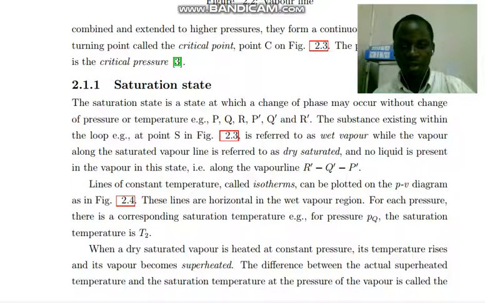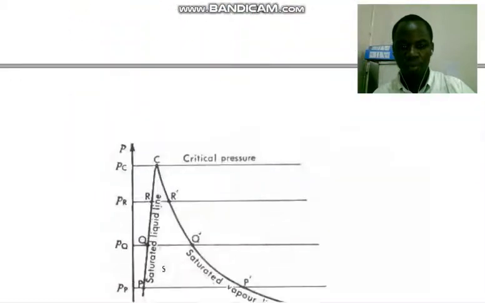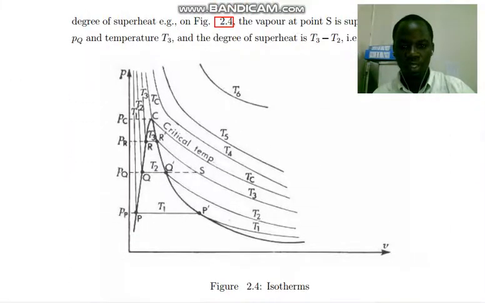The lines of constant temperature are called isotherms, and these can be plotted on a pressure volume diagram as shown in figure 2.4. So this is figure 2.4 where we have lines of constant temperature, and we refer to those lines as isotherms.